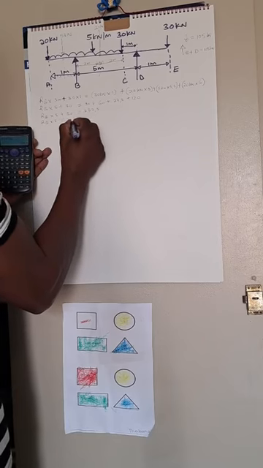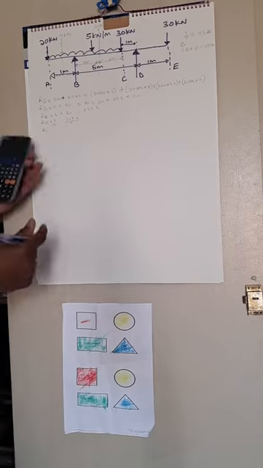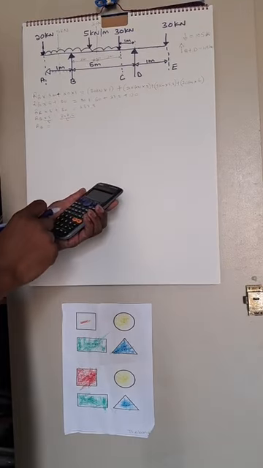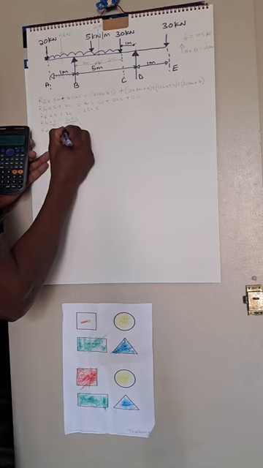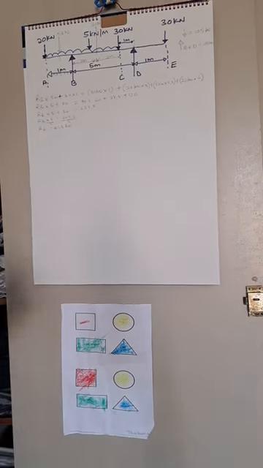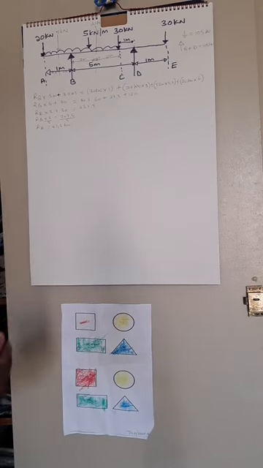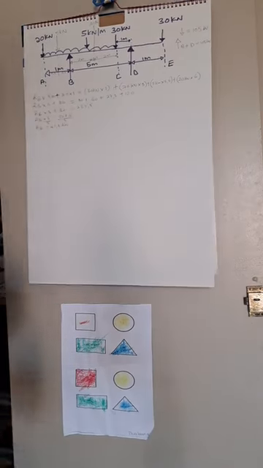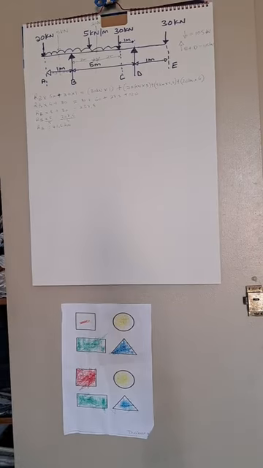We divide both sides by 5. So our reaction at B, we are getting 41.5 kilonewtons. I hope you are following. So that's how we get our reaction at B.